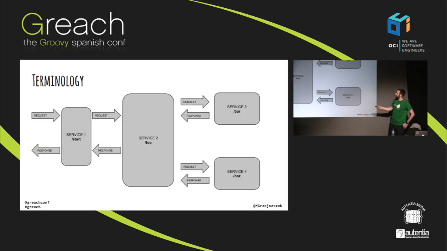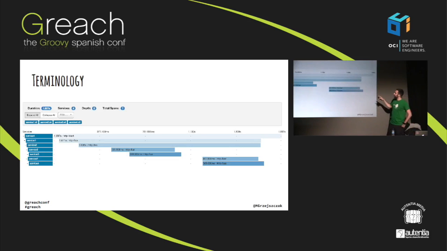So let's take a look at an example. This is what we just saw. And here you have endpoints: start, foo, bar, and baz, right? This is the Zipkin UI, where you can see the calls being made and how much time some processing took. Here you can see service 1 and HTTP start.